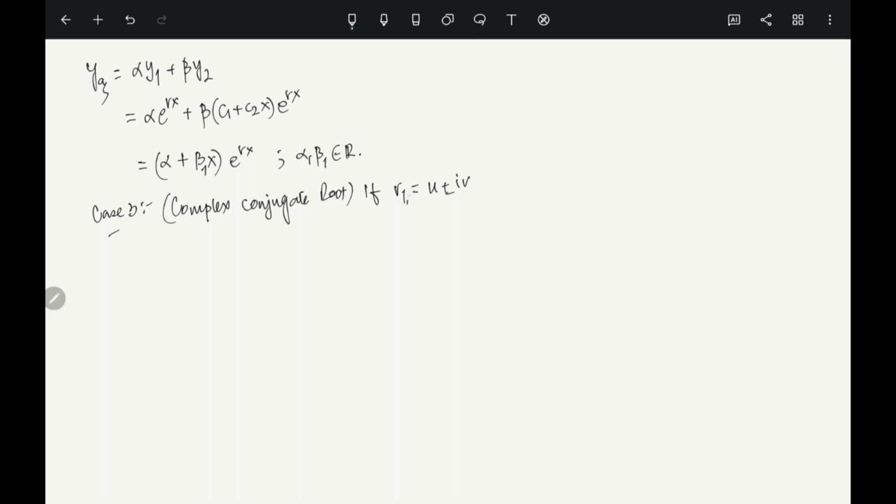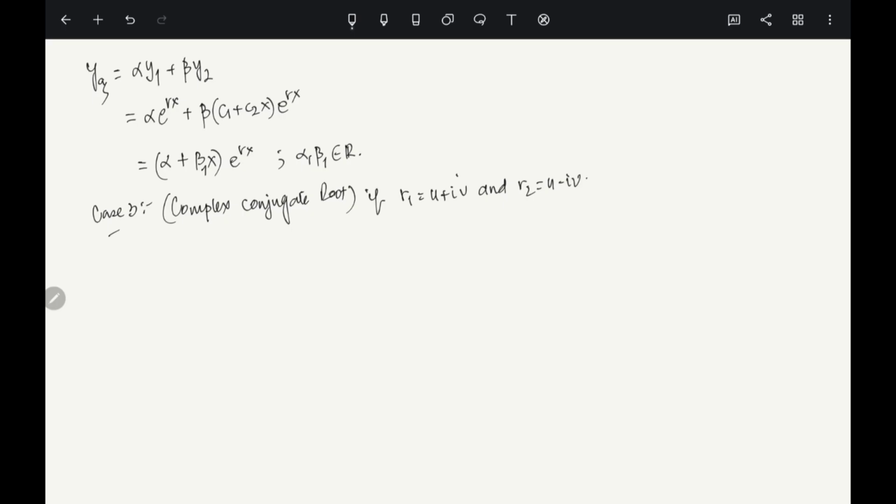Basically one is plus and two is minus. So r1 is u plus iv and r2 is u minus iv. Clear?